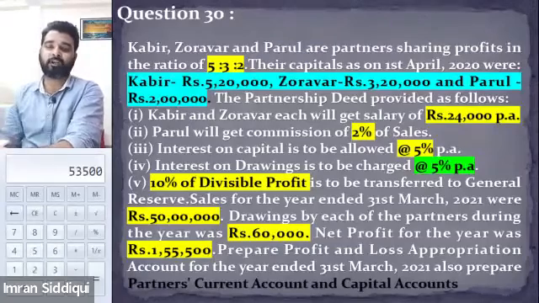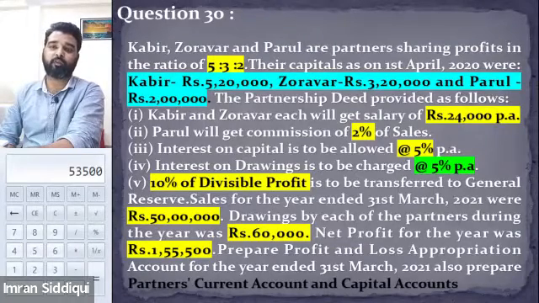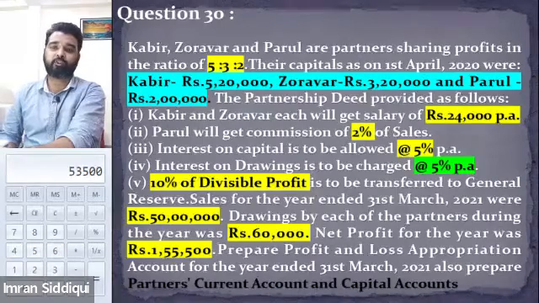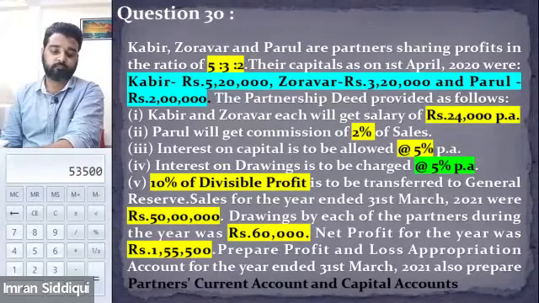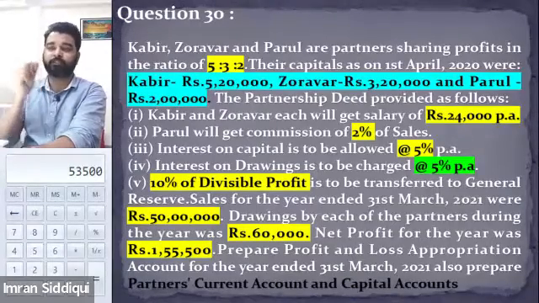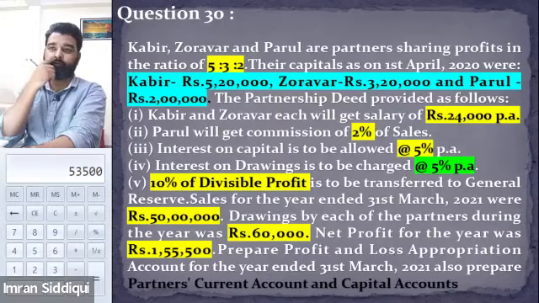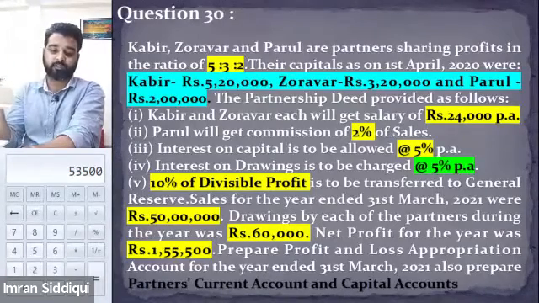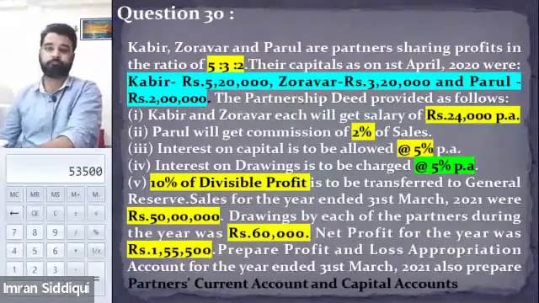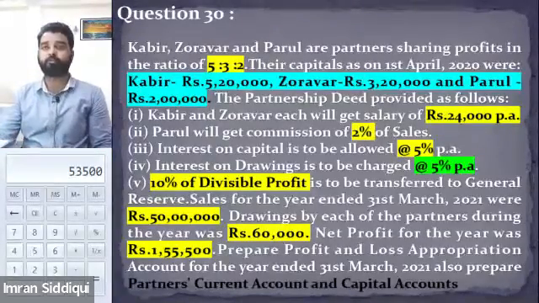The question does not specify the date of drawing, and I have told you that whenever the question does not specify the date of drawing, we will multiply by 6 by 12. So how do we calculate interest on drawing? We will multiply 60,000 with the rate of interest, 5%, and then into 6 upon 12. Okay, sir. Just a minute, let me show you how to do it.